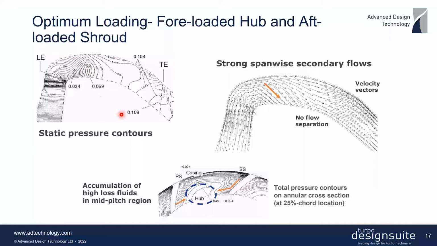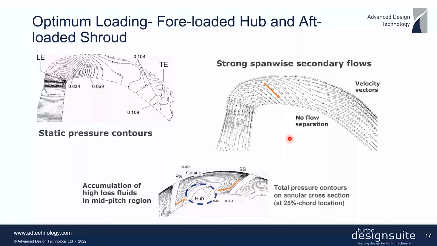But that on its own doesn't help, and we still get a separation, and hence the importance of the aft loading at the shroud, because then we end up creating quite a strong secondary flow on the suction surface here. And these secondary flows, in fact, move the low momentum fluid from the shroud wall to the hub wall.